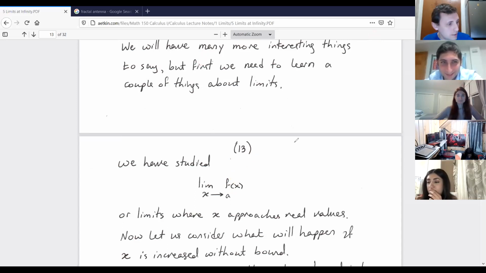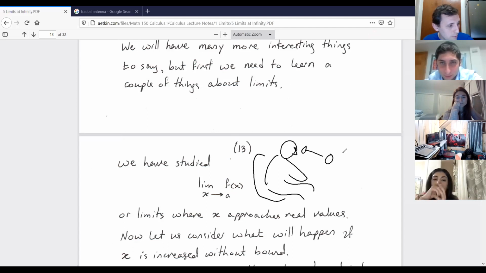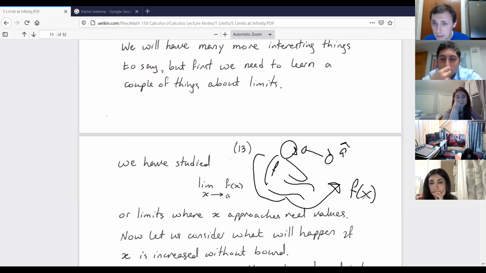F of x is this person, he sits around and he digests. So you feed him something in, you feed him a fake A, and this is the function f. Then digestion is working through, and what comes out is f of A, I'm sorry, what comes out is f when you processed this fake A. Now, what comes out if he eats an actual A might be very different. That's what I'm saying. Understood?